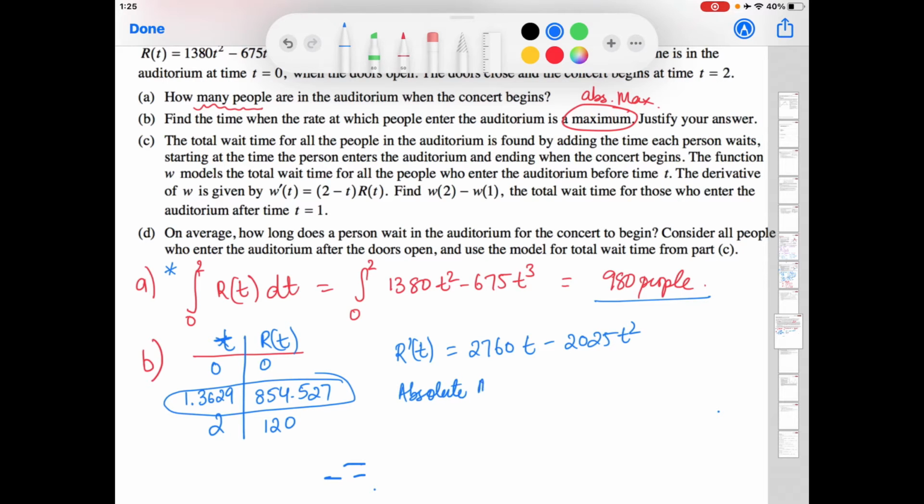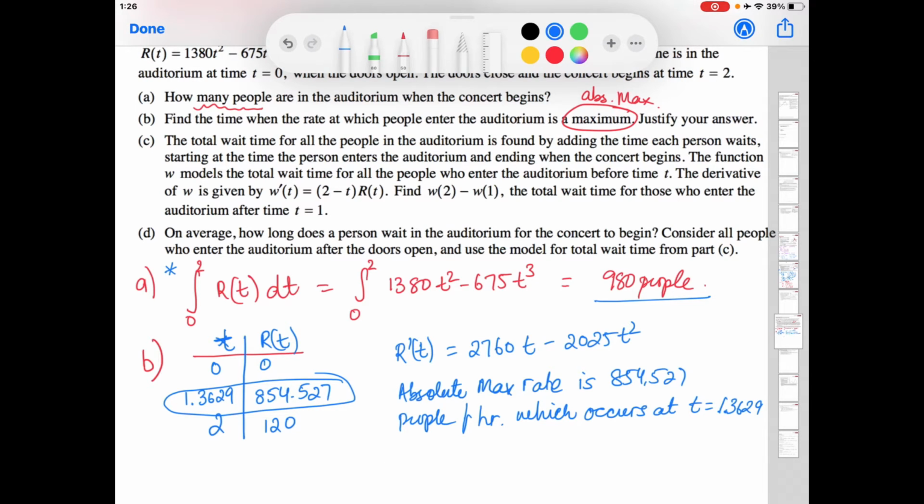So the absolute max rate is 854.527 people per hour, which occurs at t equals 1.3629.